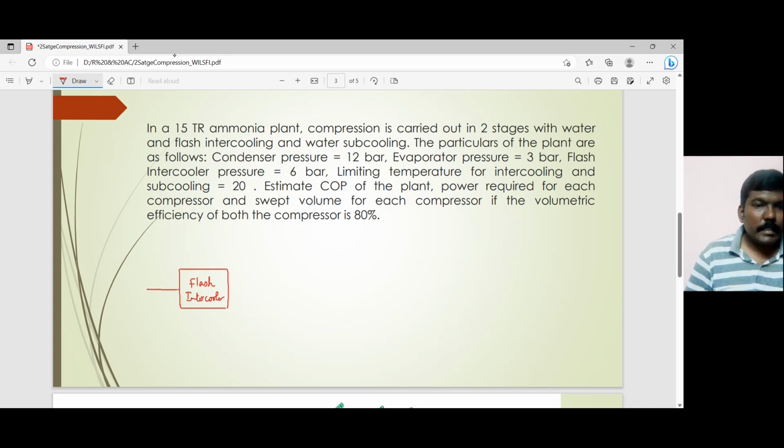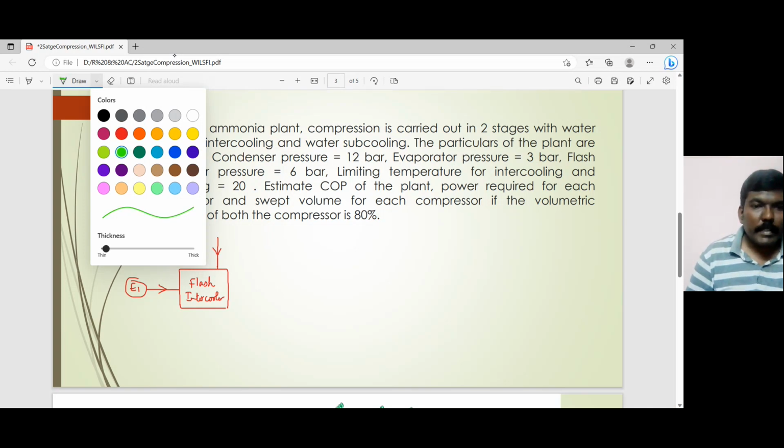So there is an incoming from expansion valve E1, and there is another inlet that is coming from the water intercooler. Okay, so these are the two entries.